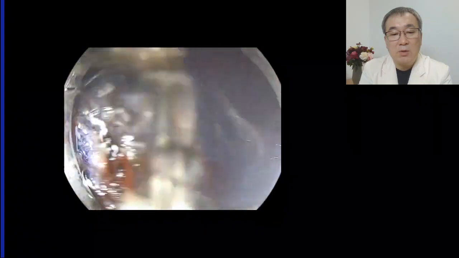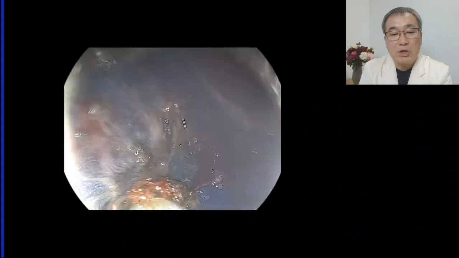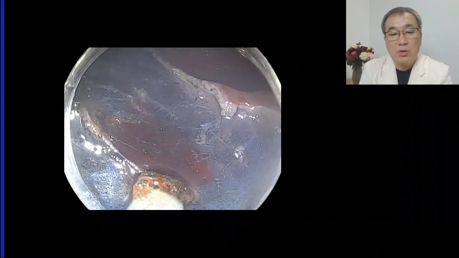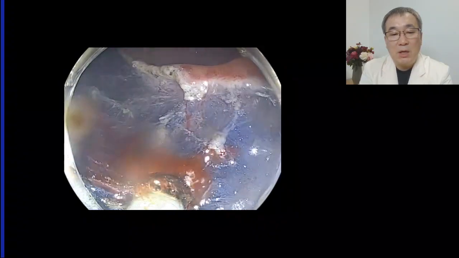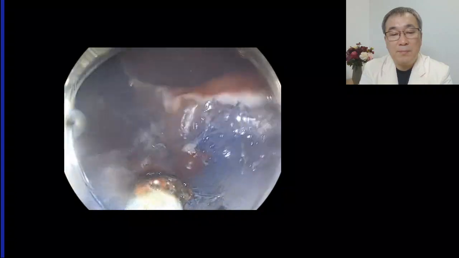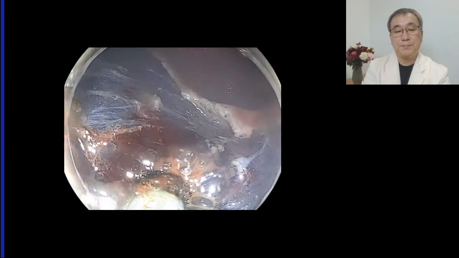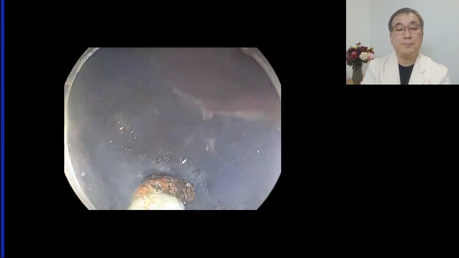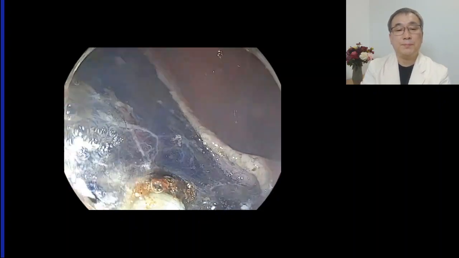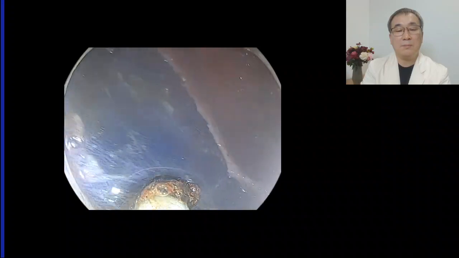After the final cutting, hemostasis is done using the same Splash M knife. You don't need to use hemostatic forceps. Almost done.